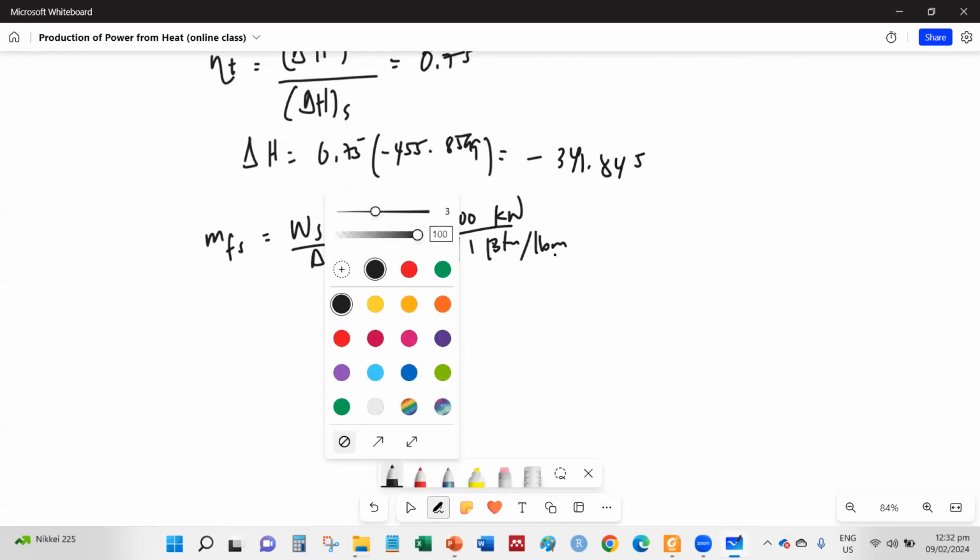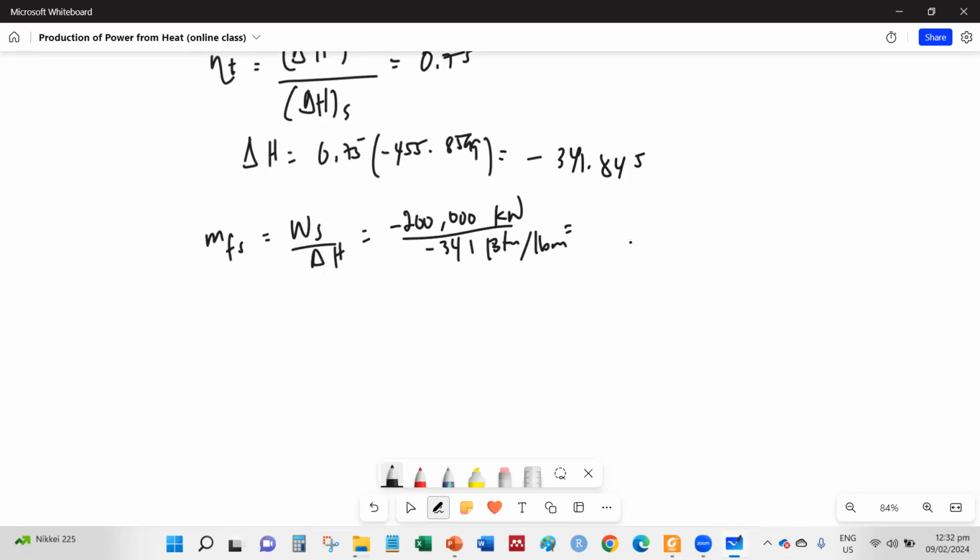So how do we convert it? Let's just use some conversion factors, like BTU to kilojoules, and we multiply the numerator with a conversion factor.